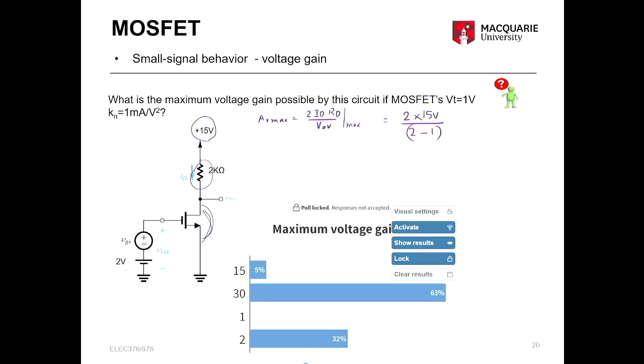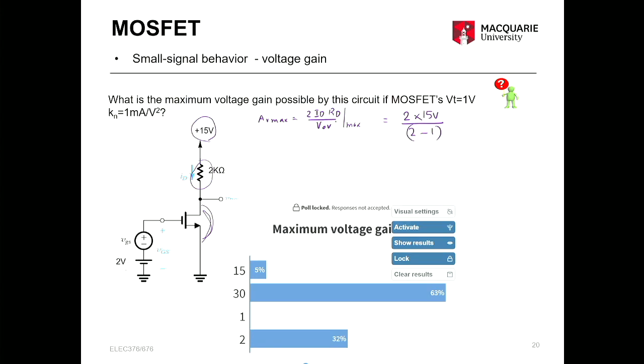Okay. So we found from the formula that AV max is 2ID RD divided by VOV, right? To maximize the voltage gain on the left side of the equation, you need to maximize the terms on the right side. So the VGS is given already, 2 volt.